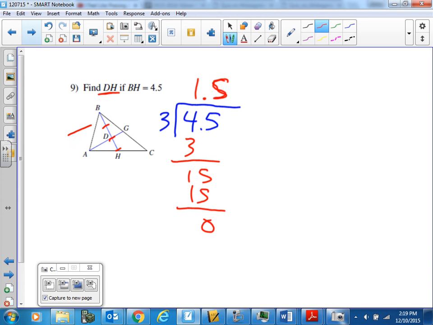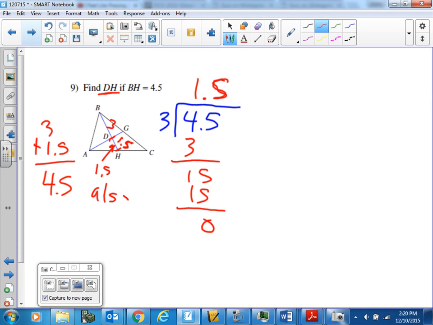So 4.5 divided by 3 is 1.5. That means each of these is 1.5. This is 1.5, and this is 1.5. So BD must be 2 of those 1.5s, so BD must be 3, because 1.5 plus 1.5 is 3. And DH must be 1.5. And that fits because 3 plus 1.5 equals 4.5.